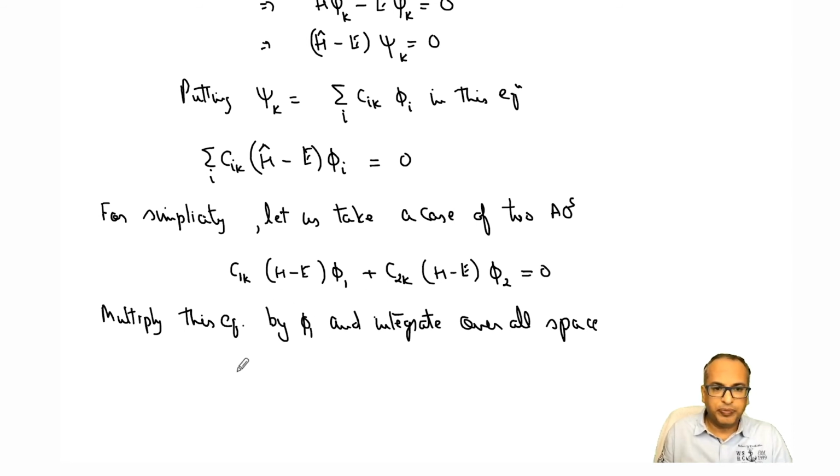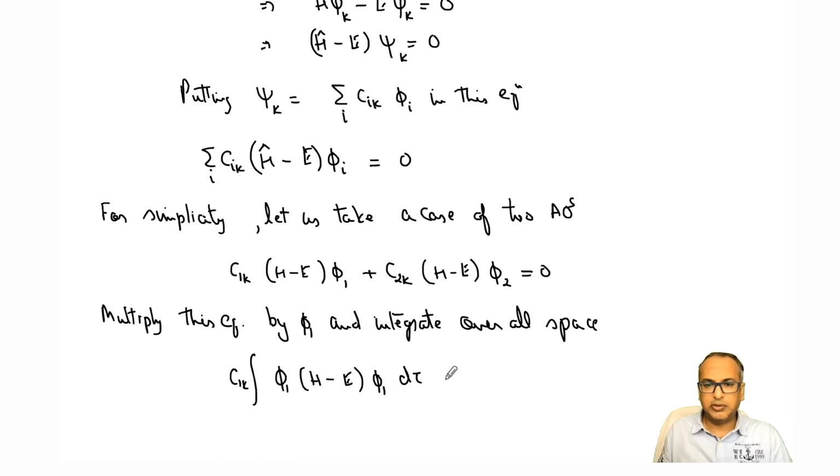So what do we get? We get c1k integral phi 1 (h minus e) phi 1 d tau. So this is integration over all space. Then we have plus c2k integration phi 1 (h minus e) phi 2 d tau equal to 0.